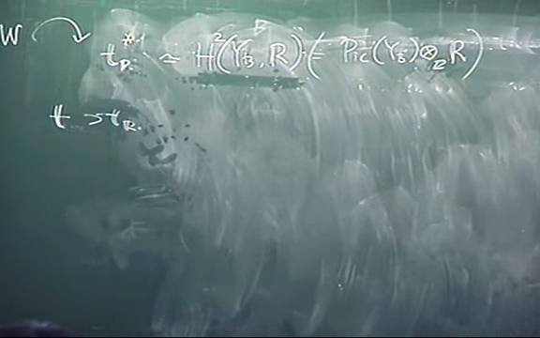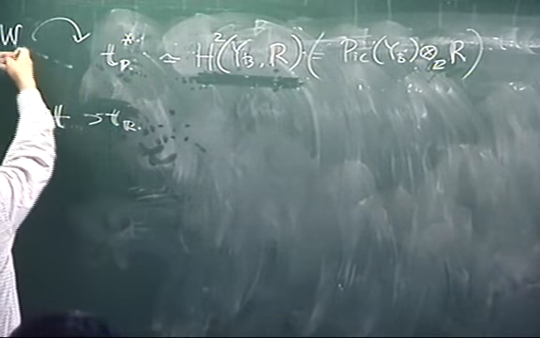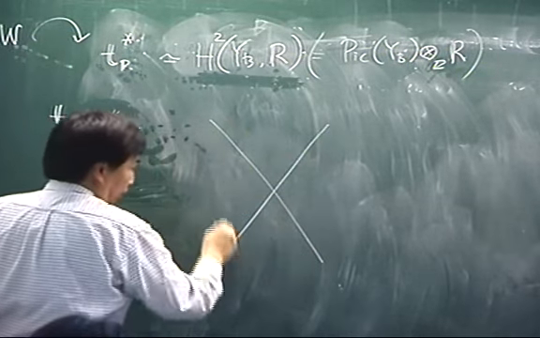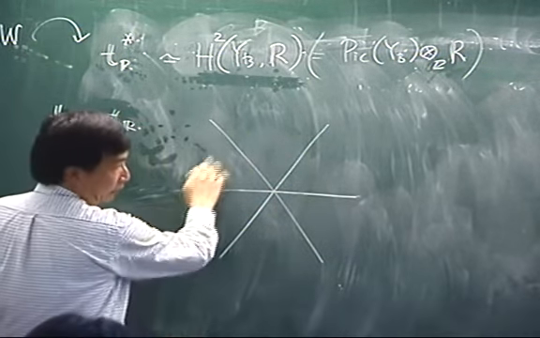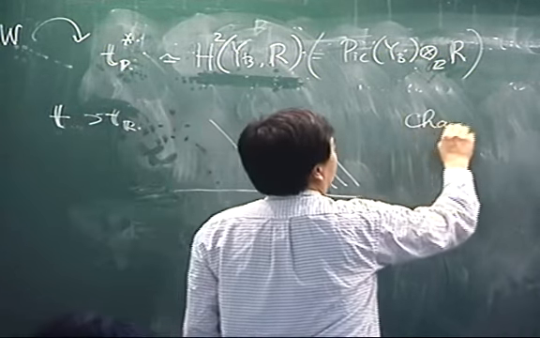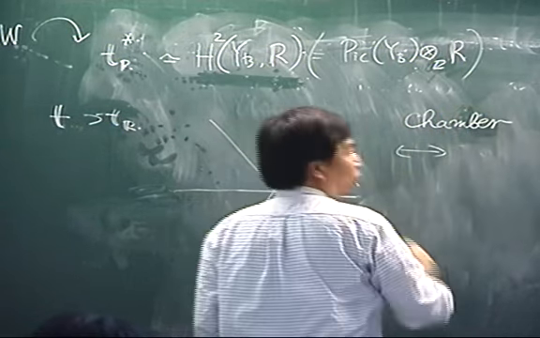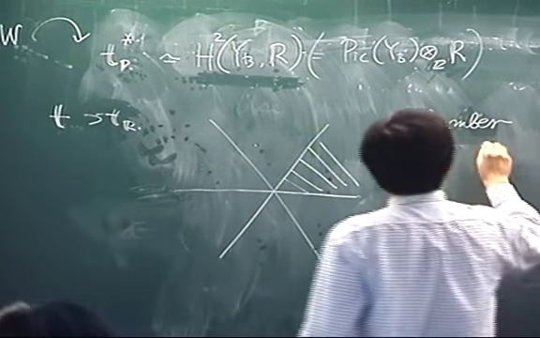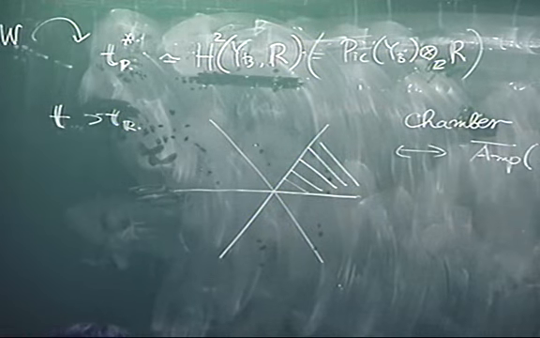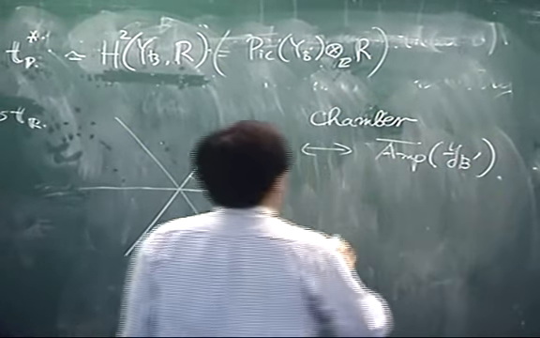So now we have W acting here, and you get some Weyl chambers like this. But each chamber corresponds to the ample cone, the nef cone of these Crepant resolutions, Y_B'.